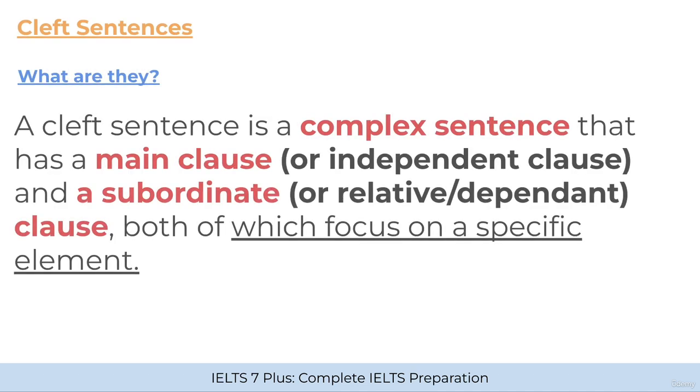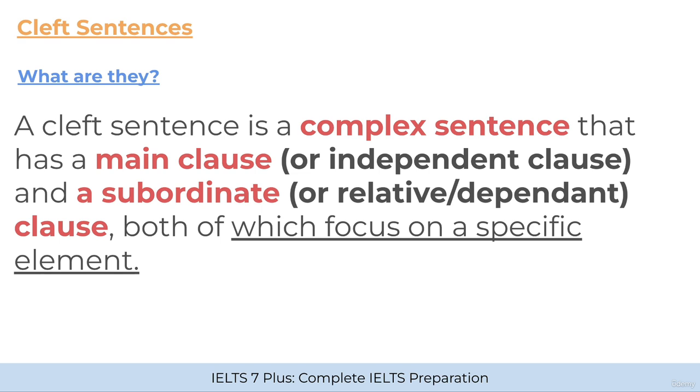So what are they? Well, it's a complex sentence that has a main clause, or we can also call that an independent clause. In other words, a sentence that is complete. It's its own thought. It doesn't need anything else to make it whole. And a subordinate clause, and they have different words. We can call them relative and dependent.